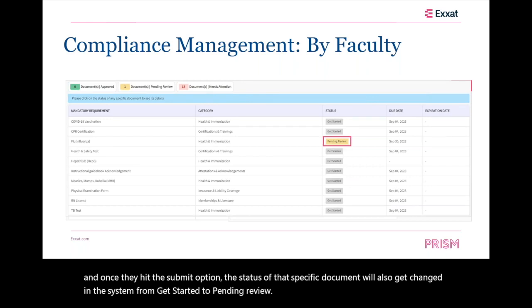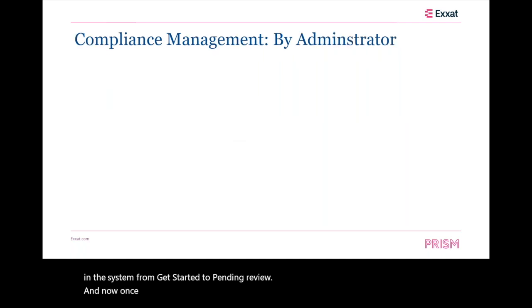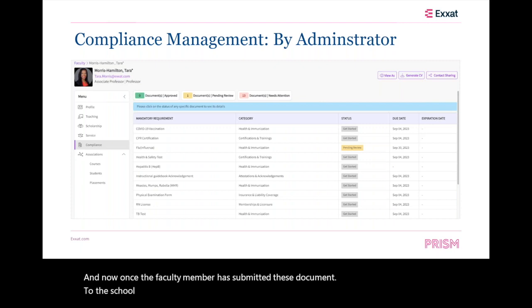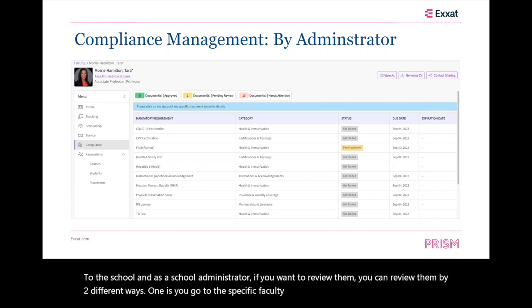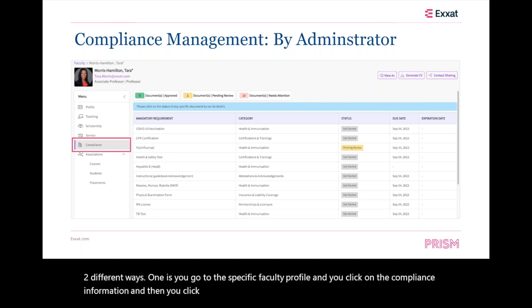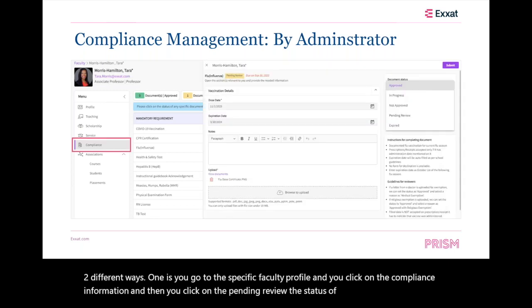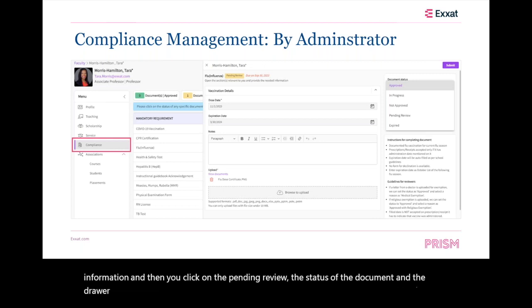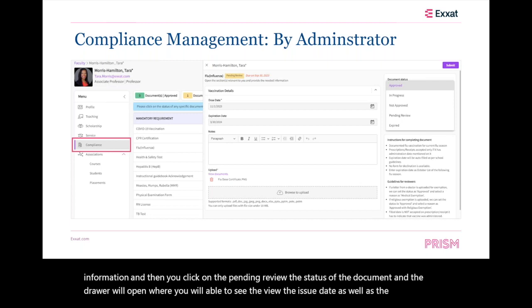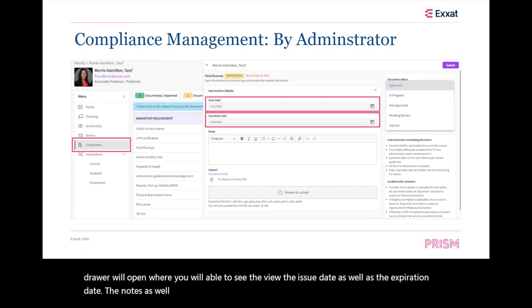And now, once the faculty member has submitted these documents to the school, and as a school administrator, if you want to review them, you can review them in two different ways. One is you go to the specific faculty profile and you click on the compliance information, and then you click on the pending review status of the document, and the drawer will open where you will be able to see the issue date as well as the expiration date, the notes, and you can view the document out there.